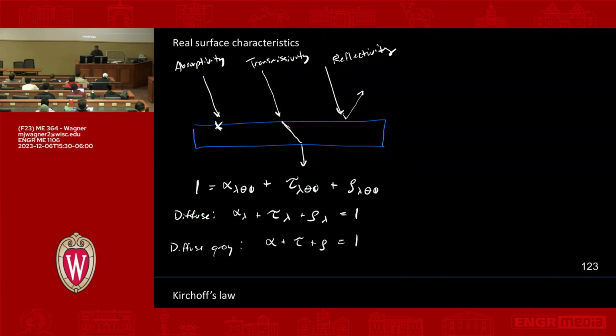Another thing I want to point out here is this reflectivity bit. So let's look a little bit more carefully at what can happen with reflectivity. Let me draw this a little bit more carefully.